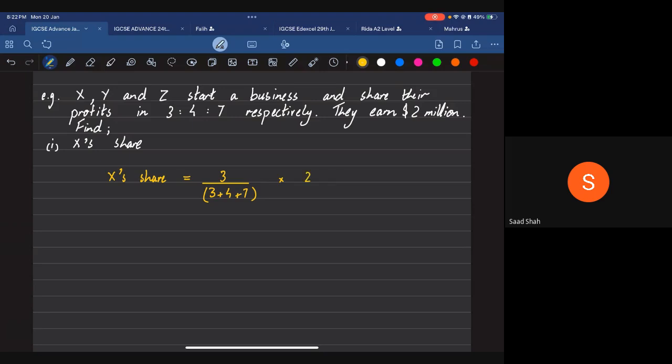Now if I solve this further, what am I going to get? I'm going to get 3 over 14 times 2. Can someone tell me the answer in decimal?